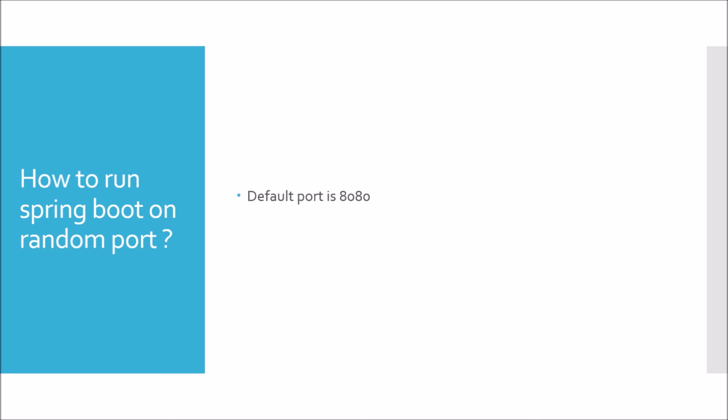So in order to change the port, we use server.port in application.properties. For a random port, we can use server.port equal to 0. Using server.port equal to 0, your Spring Boot application will start randomly on any port, but this is not advisable at all.